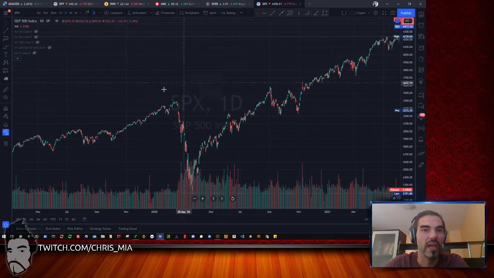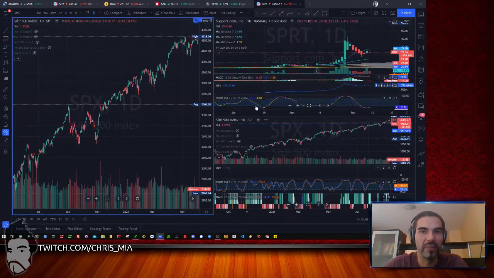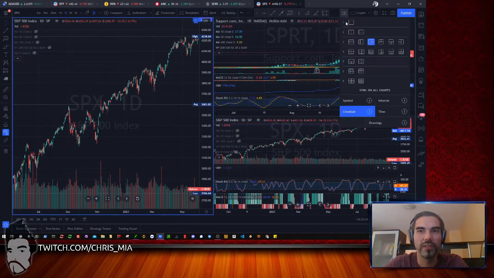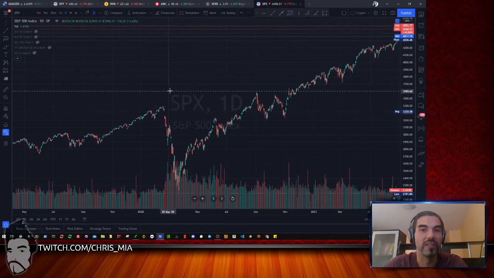For instance, this is a free feature here as a single window. If you want to have multiple windows with multiple stocks, that itself becomes a paid feature. However, you're free to use this with a single stock at a time. But sometimes you want to compare between different stocks, which is where the power of the paid subscription comes in. Okay, that out of the way.